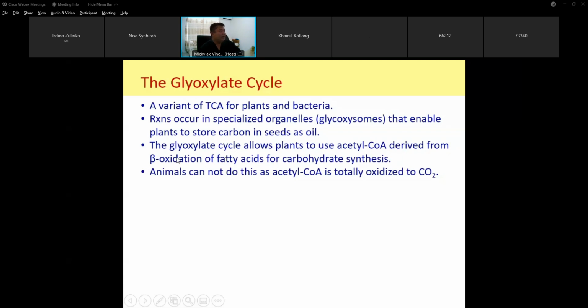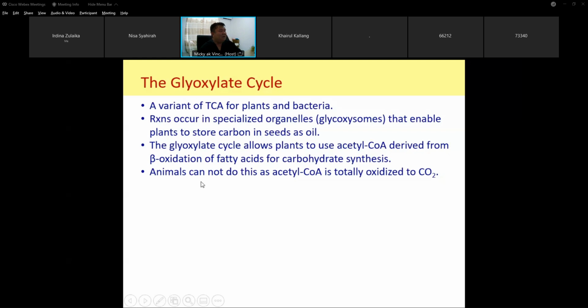So the glyoxylate cycle allows plant, dia membenarkan tumbuhan menggunakan acetyl CoA. Sama lah, you will still use acetyl CoA. Same process depan tadi, the production of citrate is the same. It uses the acetyl CoA, derived from the oxidation of fatty acid, for carbohydrate synthesis.